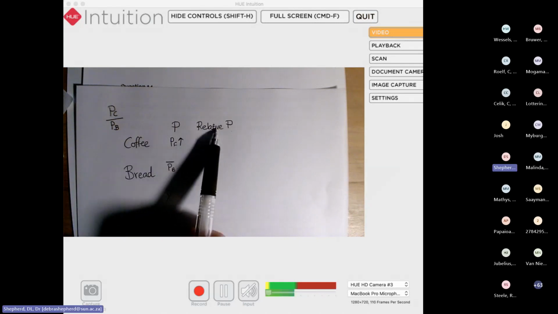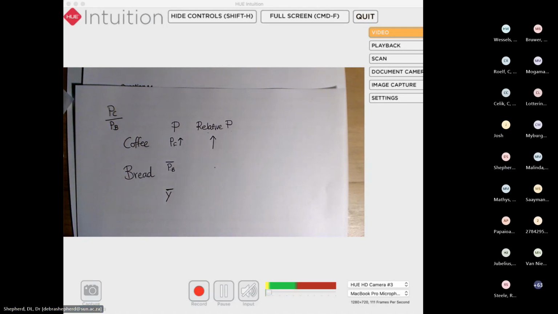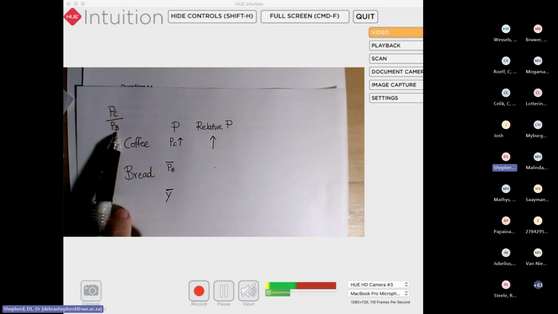What happens to the relative price of bread if the price of coffee goes up? This is how we calculate the relative price of coffee.